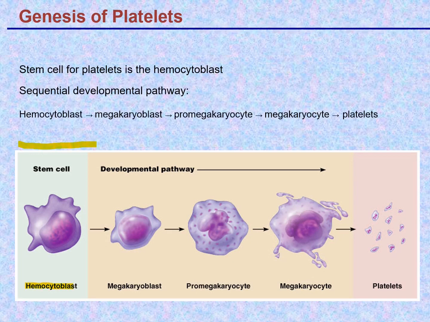This whole process here is thrombopoiesis, and you see that there are different intermediate cells, just like with the other lineages. But the final cell that's produced, which nevertheless remains in the bone marrow, is called the megakaryocyte, and the platelets just continually bleb off of the megakaryocyte and go into the peripheral blood.